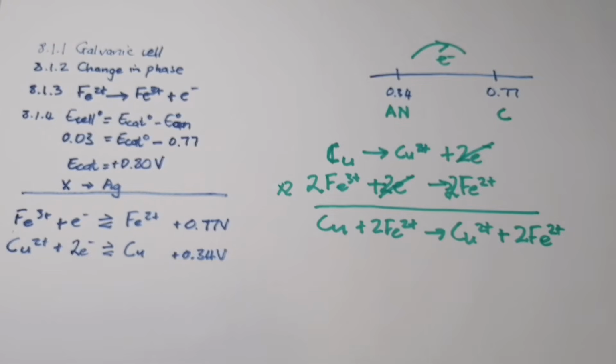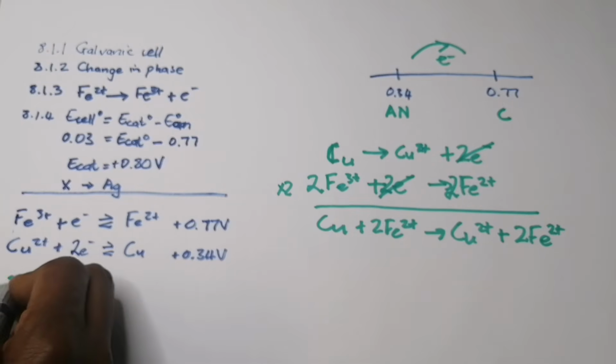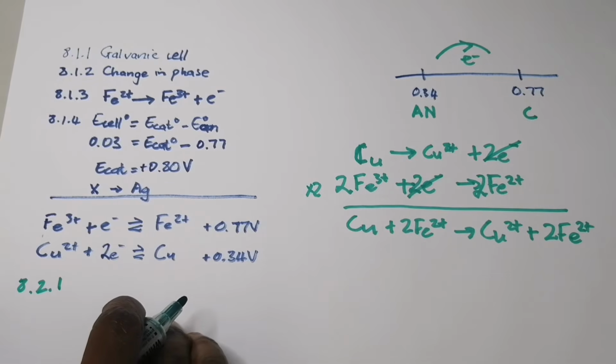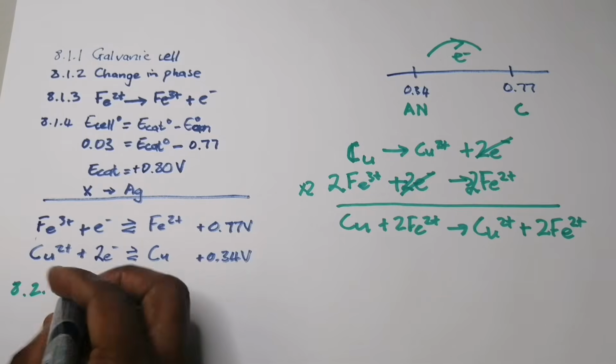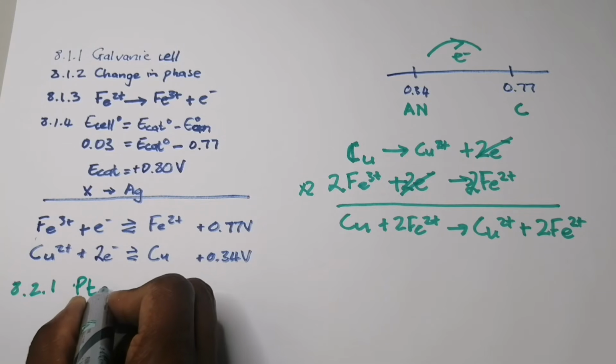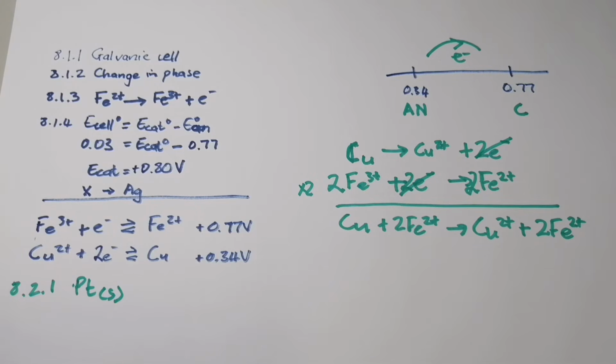So in this case, we are going to say that is Pt, that's platinum. So this is answering 8.2.1. We just simply say it's going to be platinum. You can write there solid if you want to.